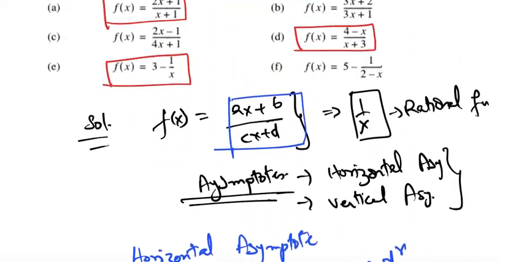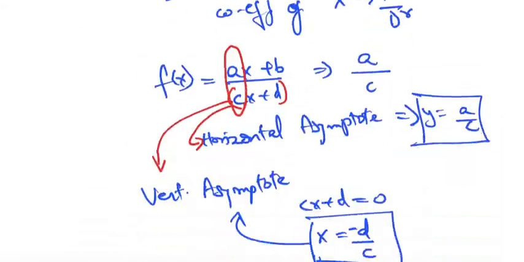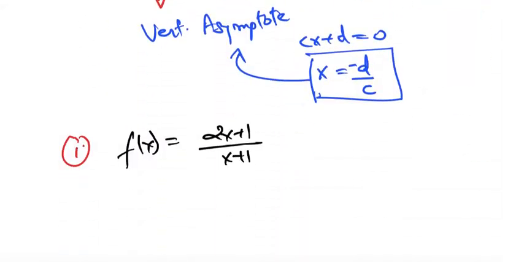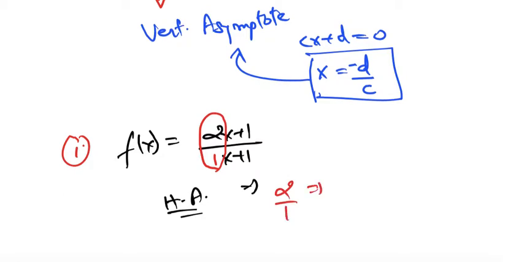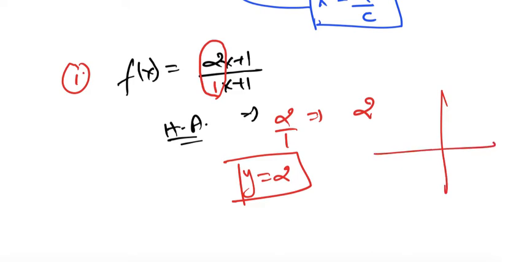It says f(x) = (2x + 1)/(x + 1). For the horizontal asymptote, the coefficients of x are 2 and 1. So we can write 2/1, which is 2. So the horizontal asymptote is y = 2. A horizontal asymptote is always represented as y equal to a constant.